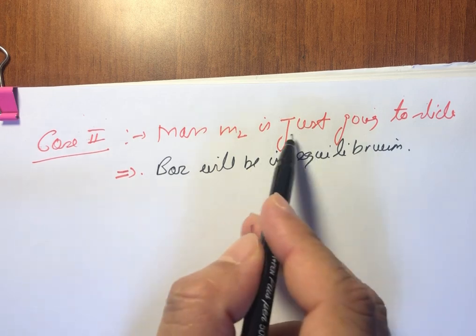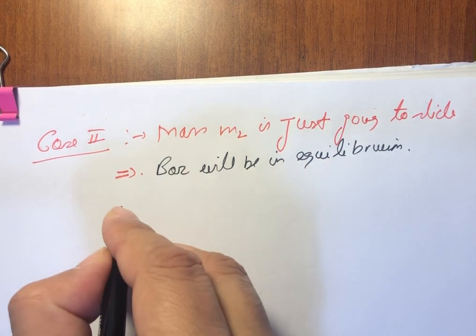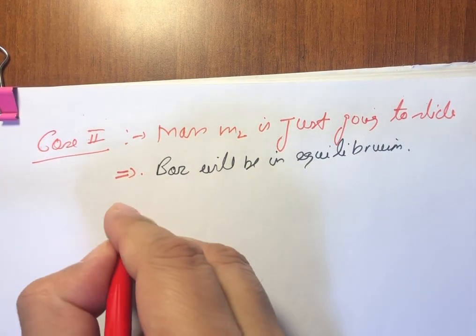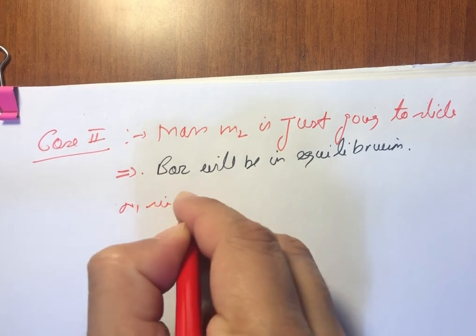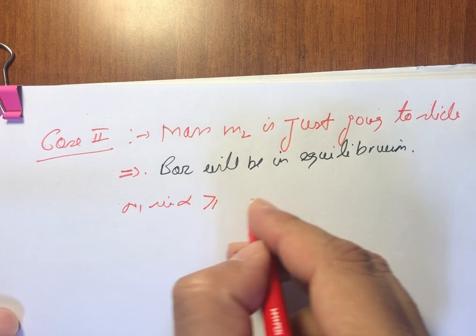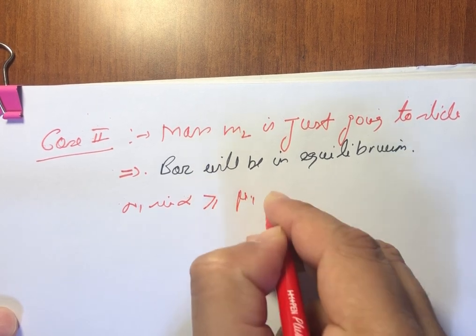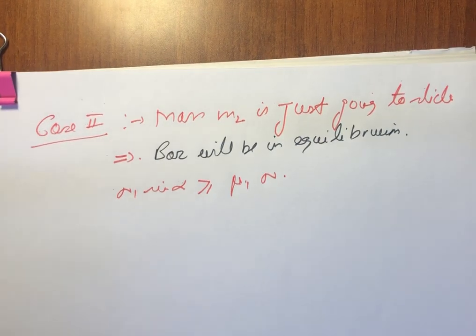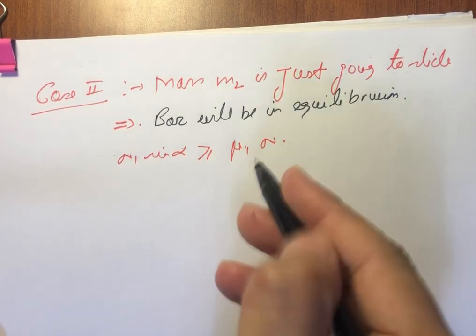In order to just slide, we can say our n1 sin alpha is greater than or equal to mu1 n. We already know the value of n.